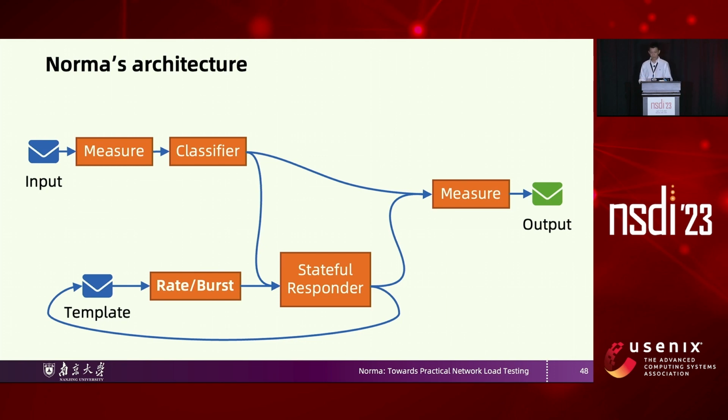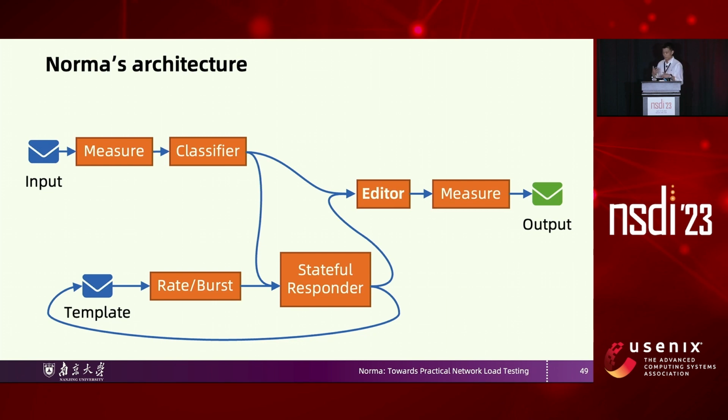The tester also needs to control the rate of generated traffic. So we added a rate burst controller to control the rate and burst pattern of the output traffic. Here we can achieve the rate and the burst by the design of this component, which is detailed in our paper. Users may also request to configure the packet fields of the generated traffic, such as random destination IP addresses.